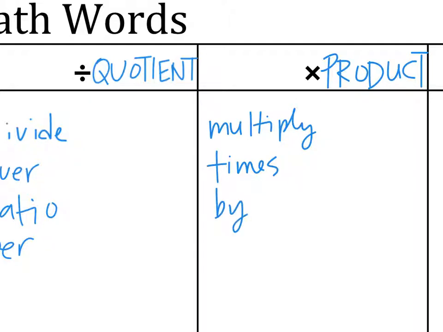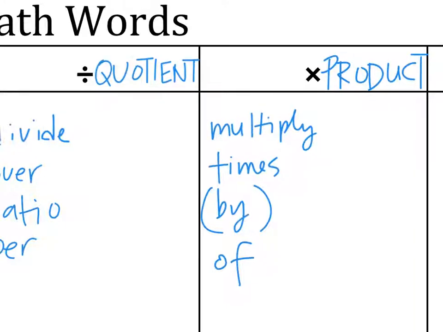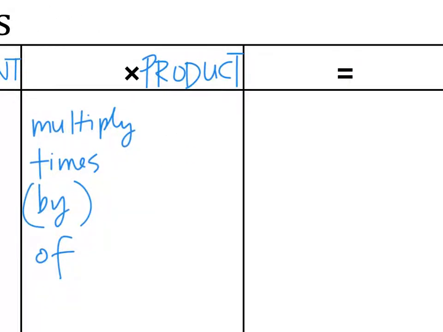Yes, by also could mean, but it's really what word comes before. So multiply by or divided by. So this can go 2 ways. But 2-letter word that means multiply. Start with the O. Nobody knows. Of. Of always means multiply. Okay, these are typical words that mean multiply.